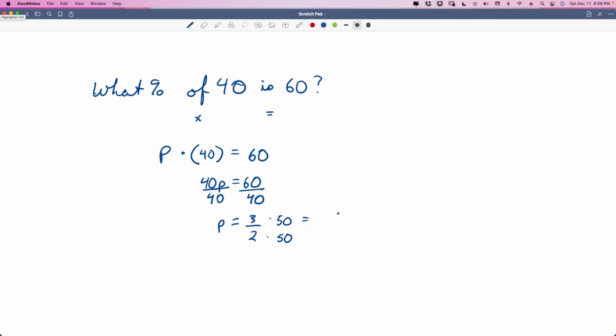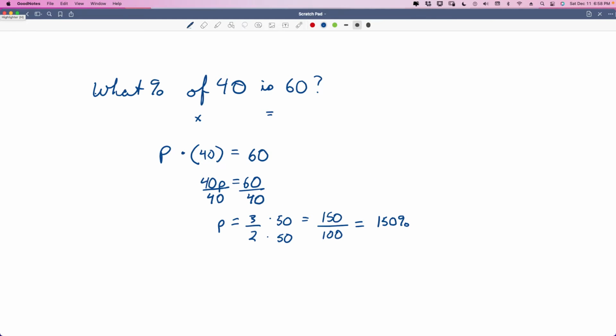That's going to equal 150 over 100, which is 1.5. I'm sorry, that's the decimal. We want the percent. The percent is 150% because it's 150 out of 100. So that is how you would find a percent out of two numbers that you're given.